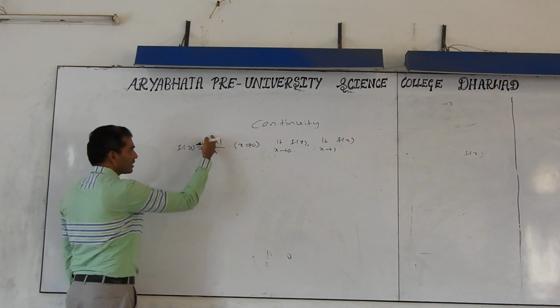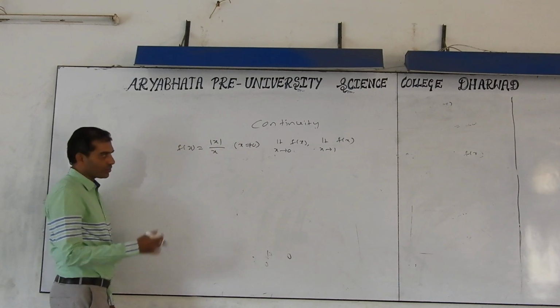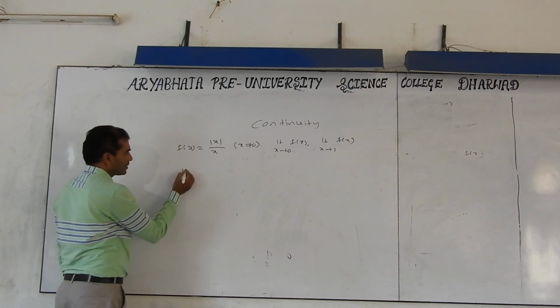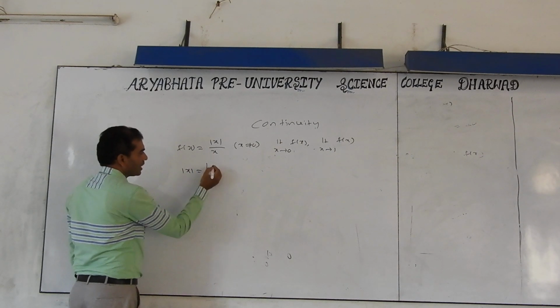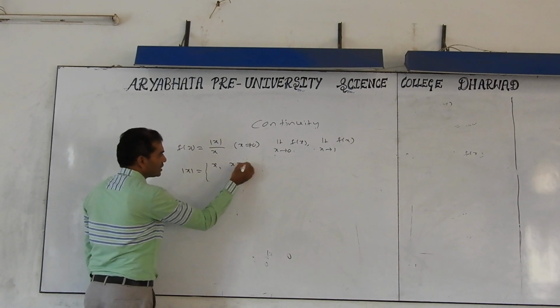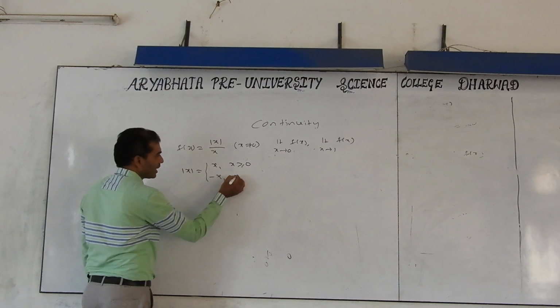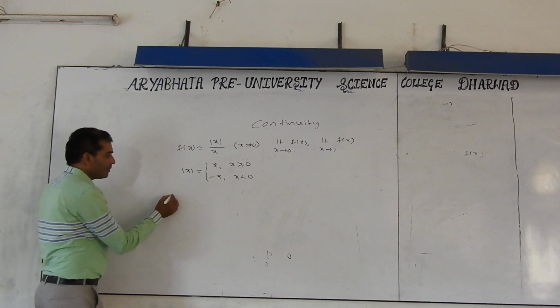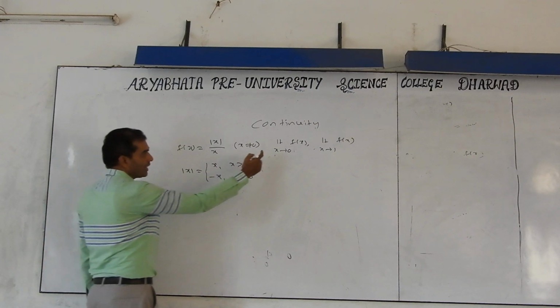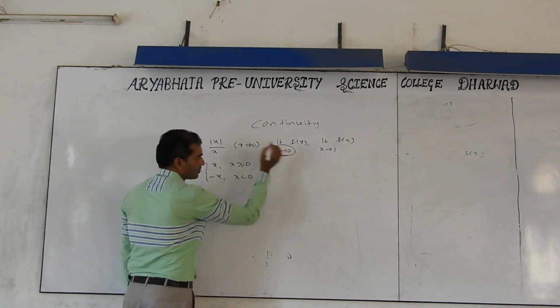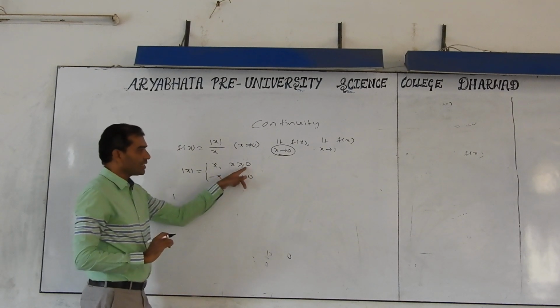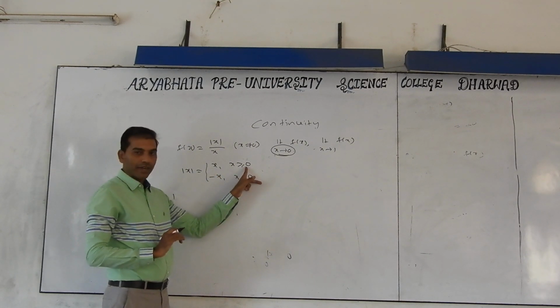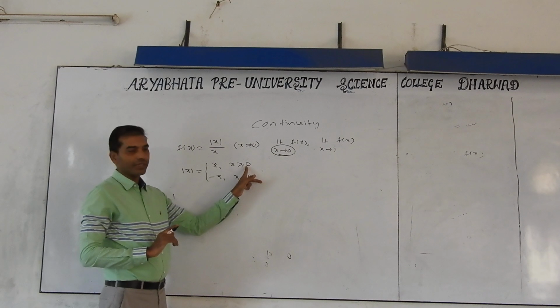Mod is changing at what point? 0. So mod x equals x when x is greater than 0, and minus x when x is less than 0. We are going to find the limit at 0, and at 0 the mod is changing.